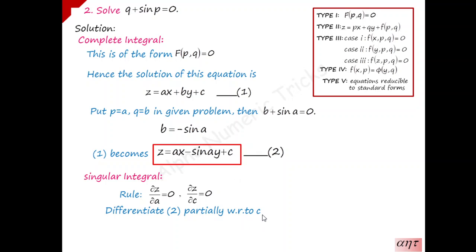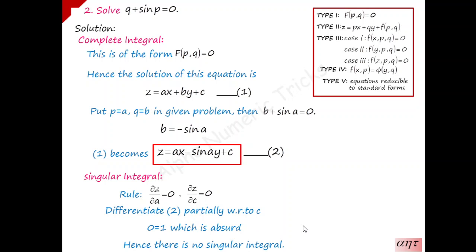Differentiating with respect to c alone is enough, because c occurs separately. Then ∂z/∂c = 0 = differentiation of ax with respect to c, which is 0. Similarly, sin a times y is constant, so its differentiation with respect to c is 0, and c differentiated with respect to c is 1. So we get 0 = 1, which is an absurd result. So there is no singular solution for the given problem q + sin p = 0.